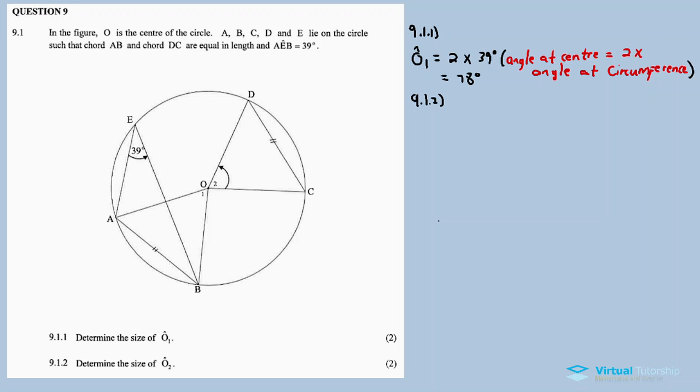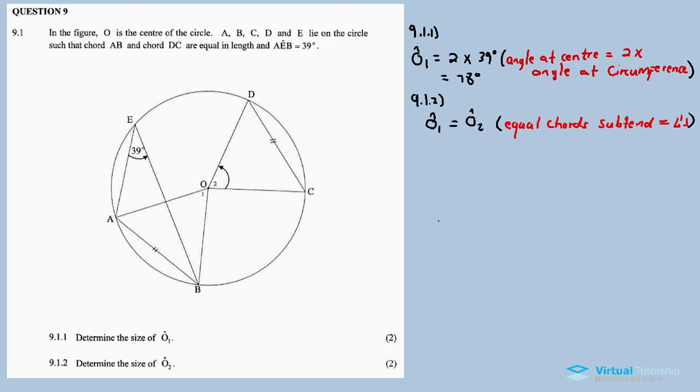Okay, for 9.1.2, we have O1, which we just calculated. And if you know your theorems well, we have equal chords here: chord AB is equal to chord BC. There's a theorem: equal chords subtend equal angles. So it means that O1 is equal to O2.